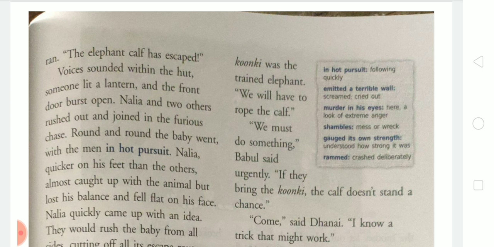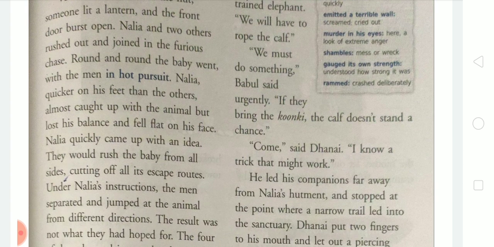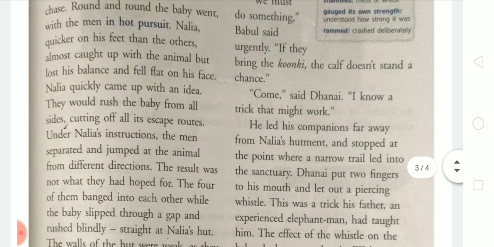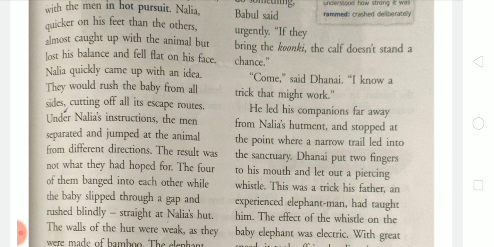They would rush the baby from all sides, cutting off all its escape routes, under Nalia's instruction. The men separated and jumped at the animal from different directions. The result was not what they had hoped for.